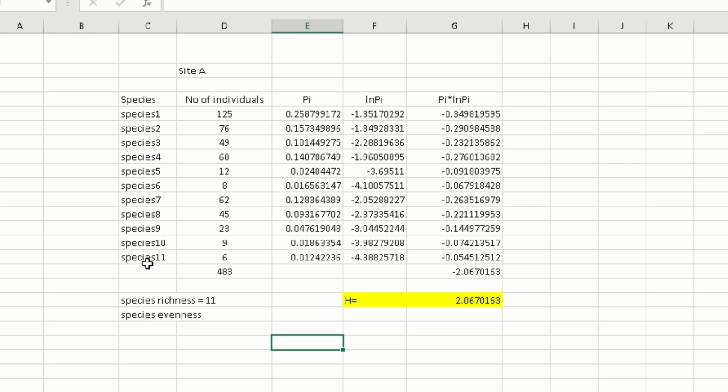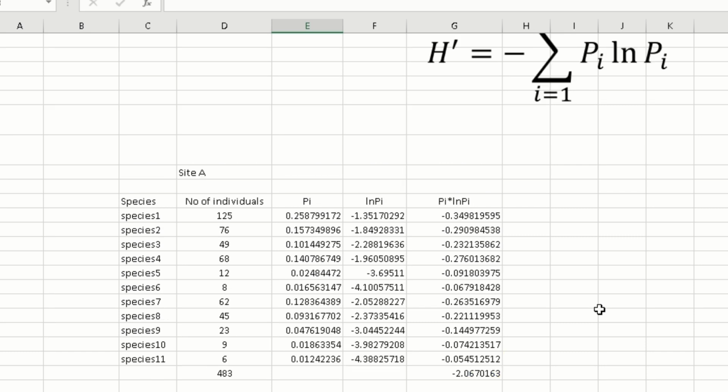If the number of species changes, then this value would obviously change. But what if the species evenness is changed? To understand this point, let us take the example of site B.